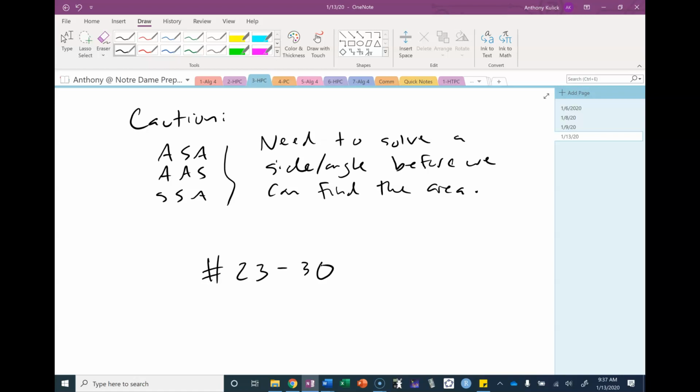I've also posted to PowerSchool on the test event on the calendar a description of what that test will look like. So I have 4 solving the triangle problems. I have 1 additional problem that has 2 triangles that I tell you has 2 triangles. I have 2 area problems, and then 2 kind of like story problem situations that are involving either law of sines or cosines or the area.